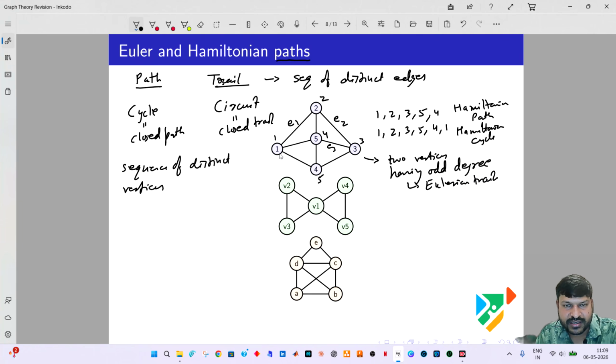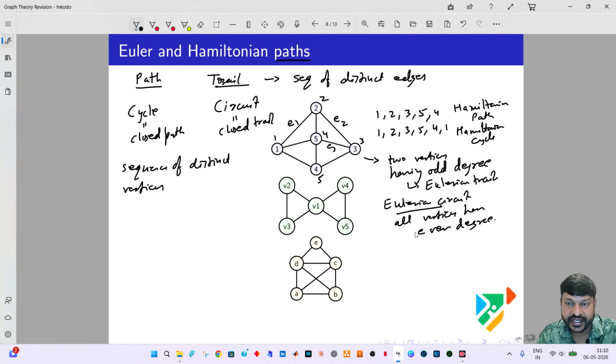Vertex 1 degree 3, vertex 2 degree 3, vertex 3 degree 3. So you have 4 vertices having degree 3. So it does not have an Eulerian trail, and definitely it does not have an Eulerian circuit. For an Eulerian circuit, what was the criteria? That all the vertices have even degree, then only an Eulerian circuit will exist.